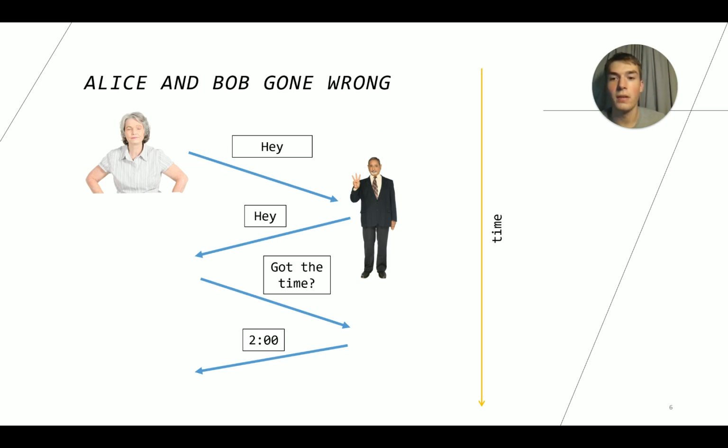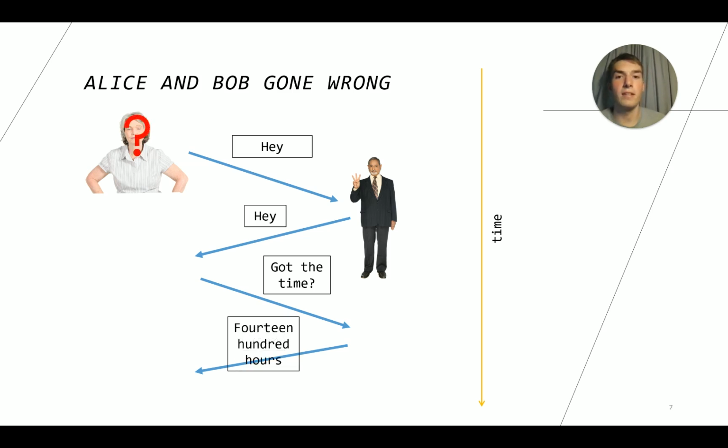Similarly, if Alice and Bob initiate this conversation, but instead of responding with the time of 2 o'clock, Bob responds with Juneau, Alaska, that's not helpful. It doesn't answer Alice's question. And so communication has broken down because Bob has had an improper response to Alice's question.